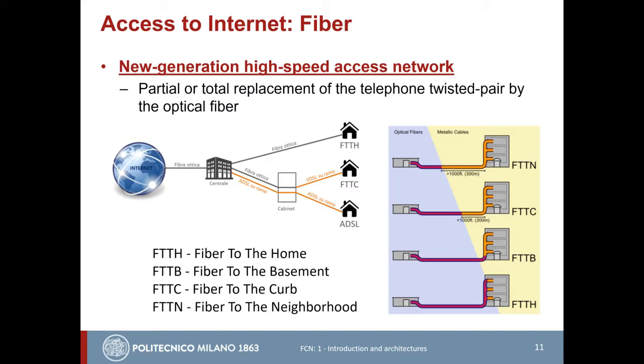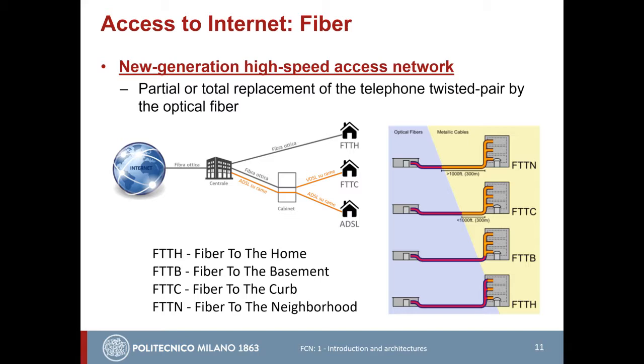And then here the solutions and the names that are used depend on the penetration length of the optical fiber. So if you are replacing only the first part of the access network from the central office towards the first branching point, then this is called the fiber to the cabinet, that is the solution there, this one.